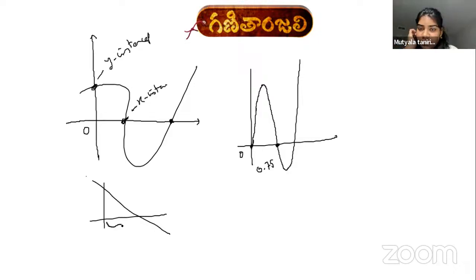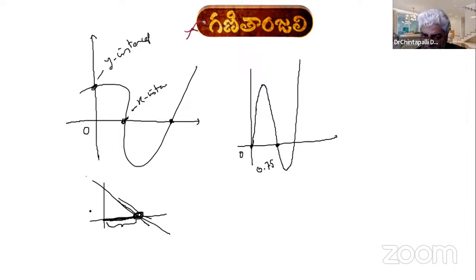This is called the x-intercept. X-intercept means the length on the x-axis, the length of the line segment on the x-axis made by that curve or line. This line cuts the x-axis at this point.